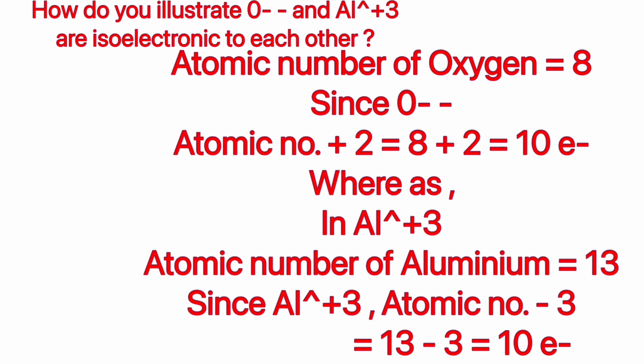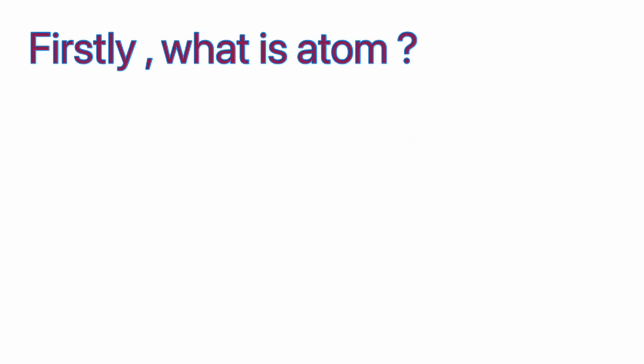And in the case of Al+3, the atomic number of aluminum is 13. Since aluminum has 3 positive charges, 3 electrons are deducted from aluminum, so now it has 10 electrons. Therefore, O-- and Al+3 both have 10 electrons, so they are considered isoelectronic.